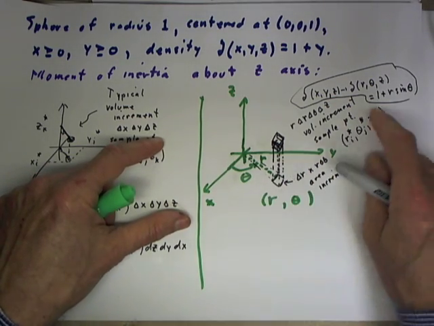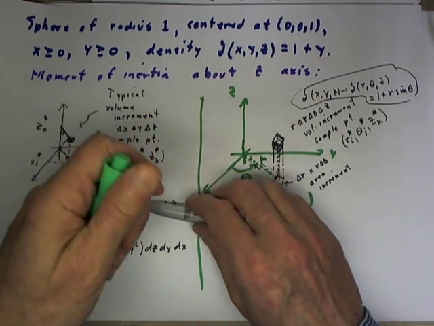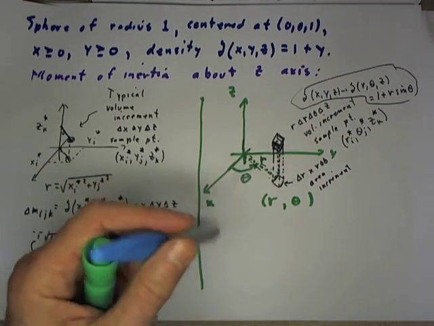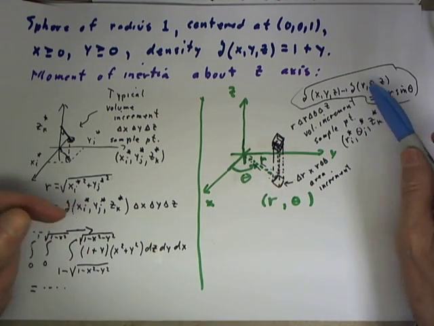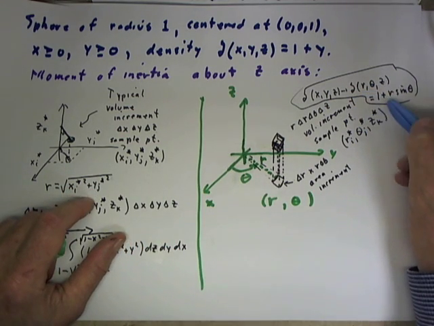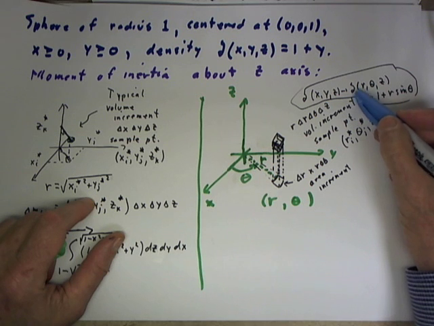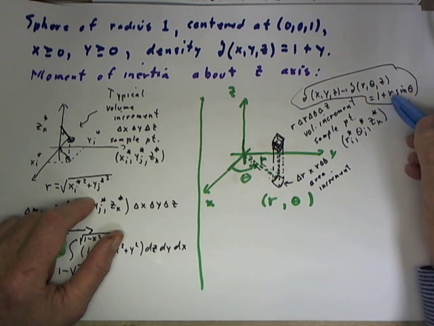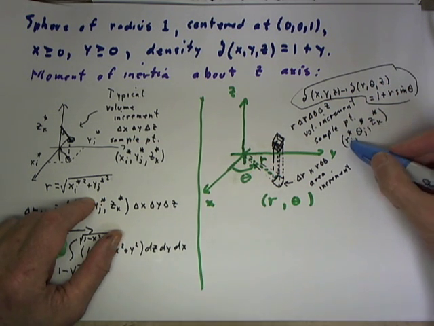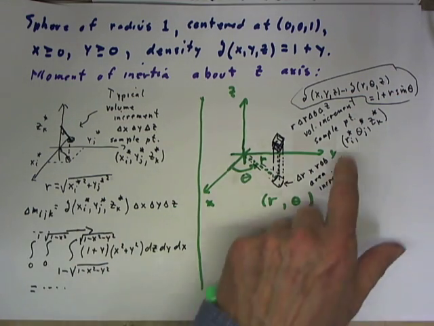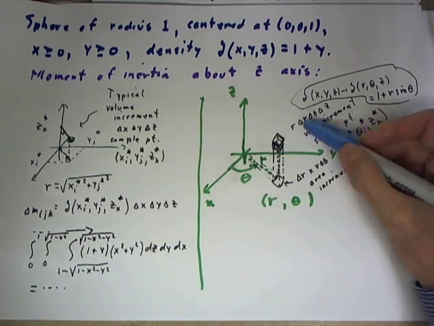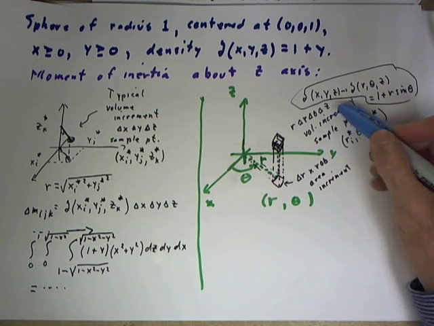Now, as before, we can multiply our density, which is our delta of r, theta, z function, 1 plus r sine theta, evaluated at ri star, theta j star, zk star. Of course, that's going to be 1 plus ri sine theta j. We're going to multiply that by the volume of our increment, and we're going to get the mass.